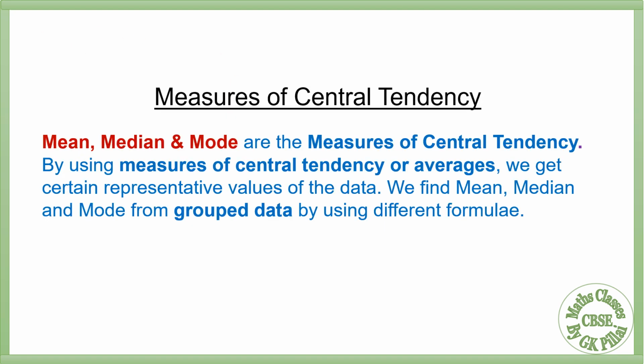Measures of central tendency. Mean, median and mode are the measures of central tendency. In class 9th, you learned how to find these from ungrouped data. Finding mean, median and mode from grouped data is part of your present syllabus.